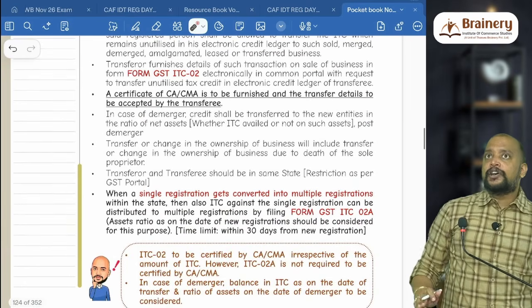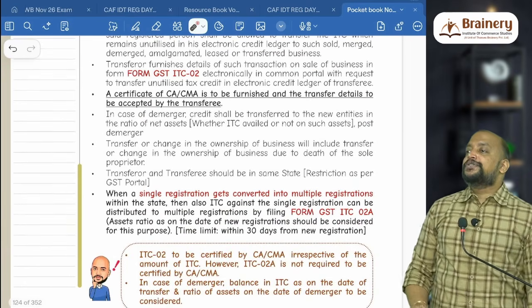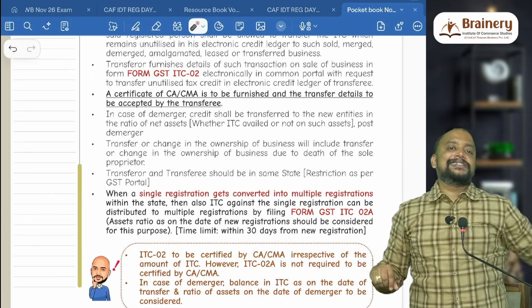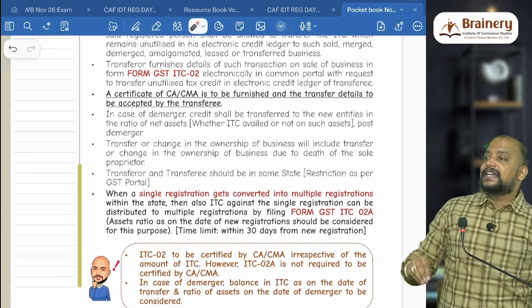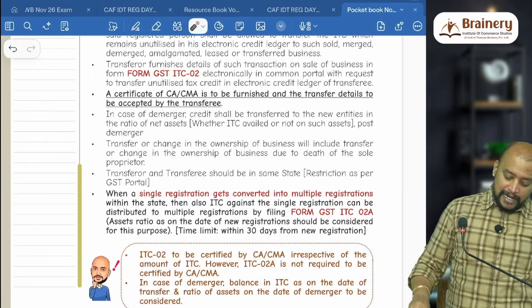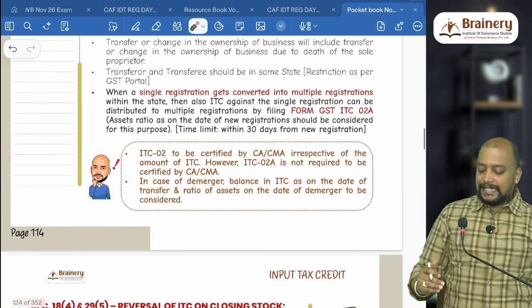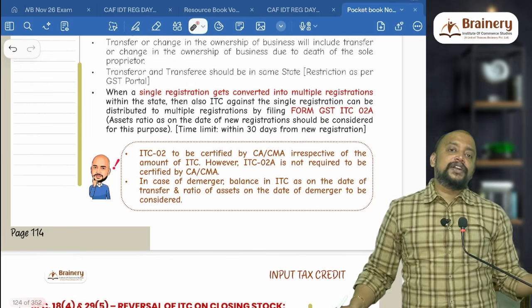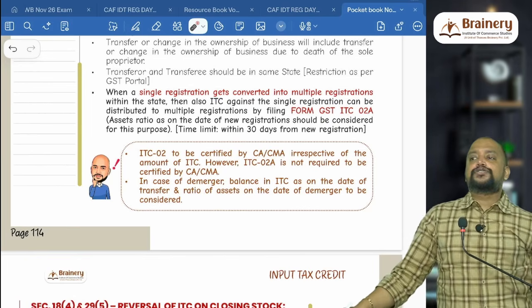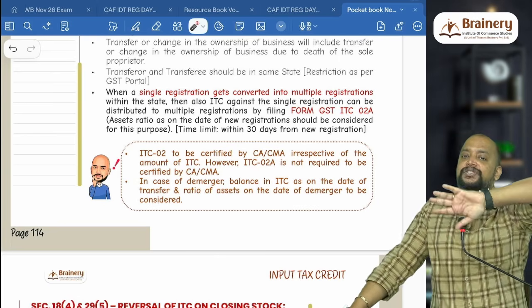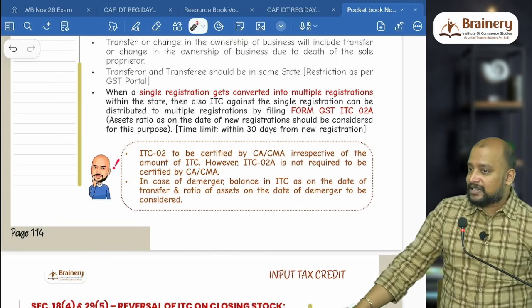And in case of demerger, we need to see the assets ratio for the purpose of distribution, and while taking the assets we need to take all assets whether ITC is availed or not, and the transferor and transferee should be in the same state. When a single registration is converted into multiple registrations, this transfer of ITC is also applicable. From a single registration to multiple registrations, again in what ratio? Assets ratio.